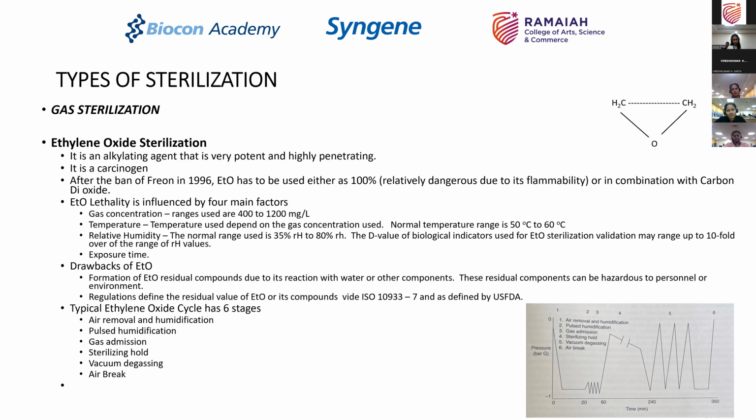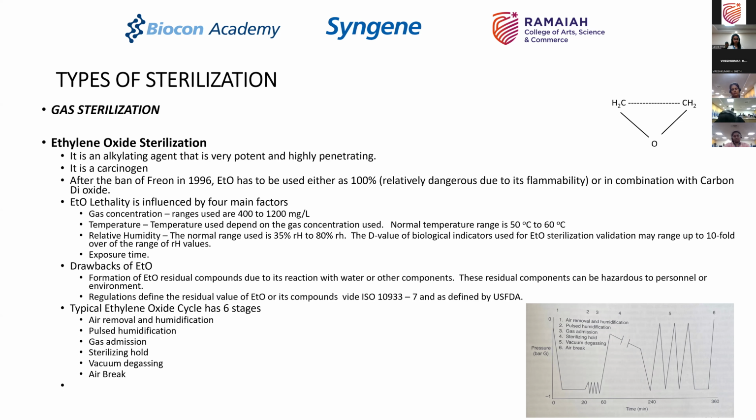Ethylene oxide is also used, for example, in a lot of medical devices where you need a terminal sterilization process. We have studied terminal sterilization of a product using heat. You could use gamma irradiation or gas sterilization also for sterilizing the end product.